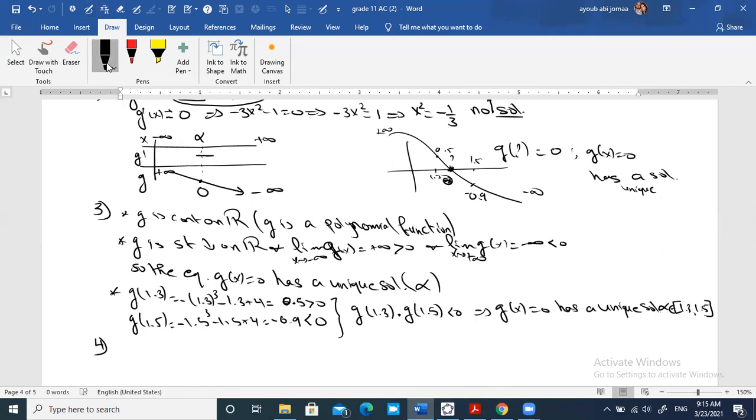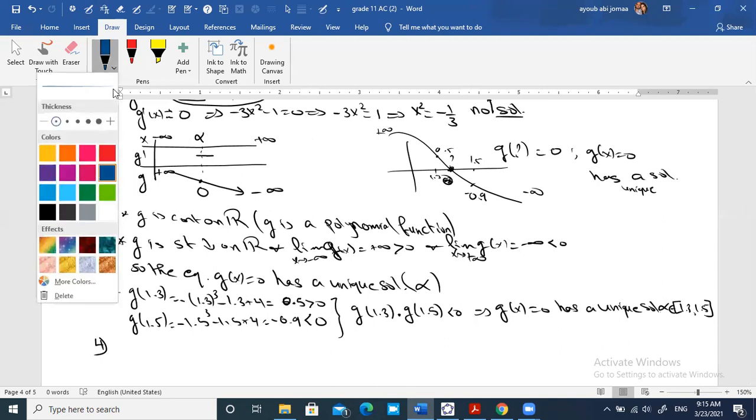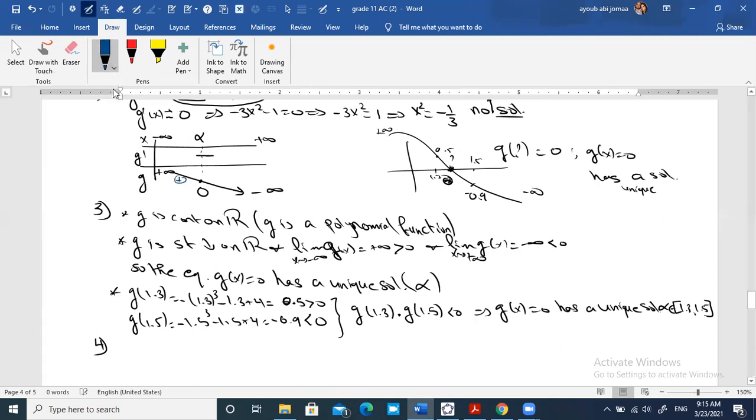The function is decreasing from positive to negative. Here g of x is positive, greater than 0, and here g of x is less than 0.